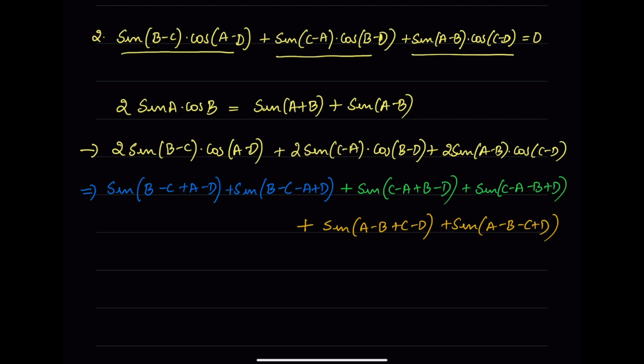Okay, now we have to rearrange the values so that there is a cancellation between all these terms. Let's see what we can do here. The first term will be sine of minus 1 times (C plus D minus B minus A). Then the second term would be sine of minus 1 times (C plus A minus B minus D).